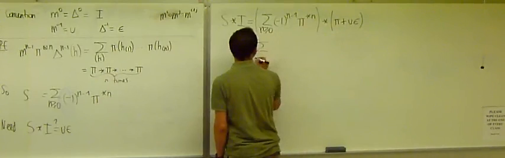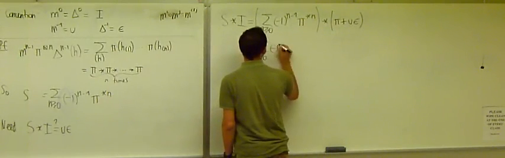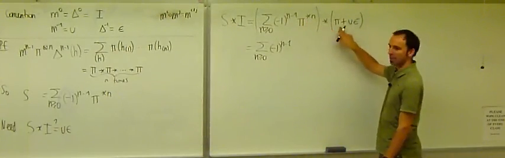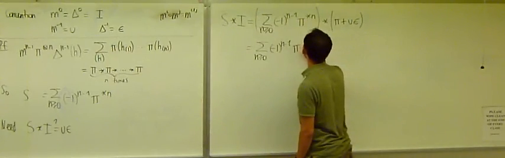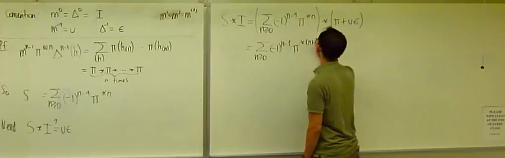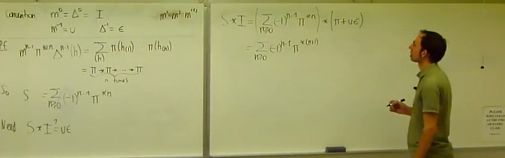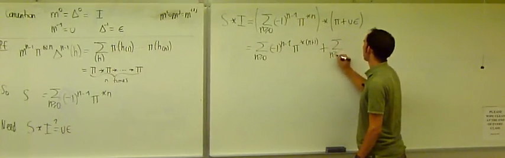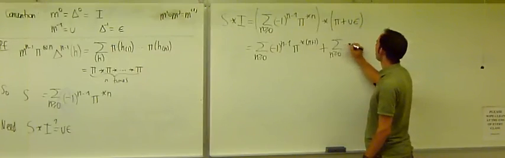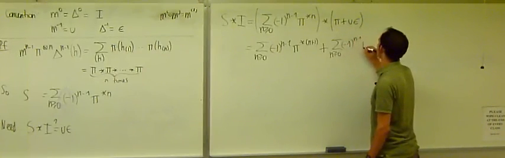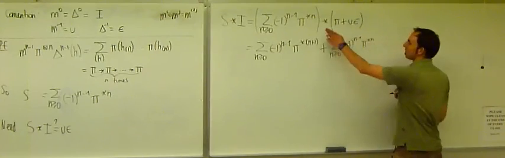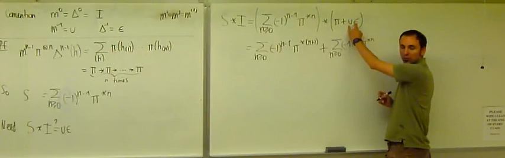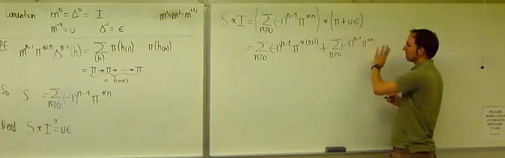I get the sum n greater than or equal to 0 of (-1)^(n-1) pi nth product times pi, so I get pi to the n plus 1, plus the sum n greater than or equal to 0 of (-1)^(n-1) pi to the n convolution with u epsilon. But remember that u epsilon is the unit of convolution. And so it just goes away.